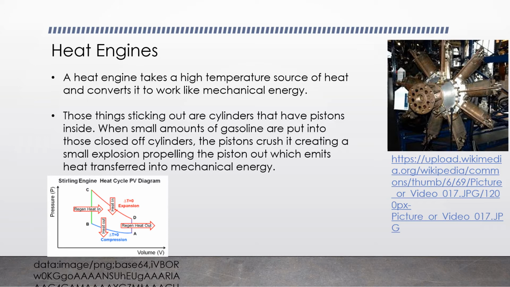Those have pistons inside of them, and when a small amount of gasoline is put into those closed off cylinders, the piston crushes it and creates like a small explosion, propelling the piston out, which emits heat transferred into mechanical energy. When the pistons move in the correct order, they make the center of the engine start spinning, and when it spins very fast, you're able to attach a blade to it, and the blade is able to spin and push the plane forward.